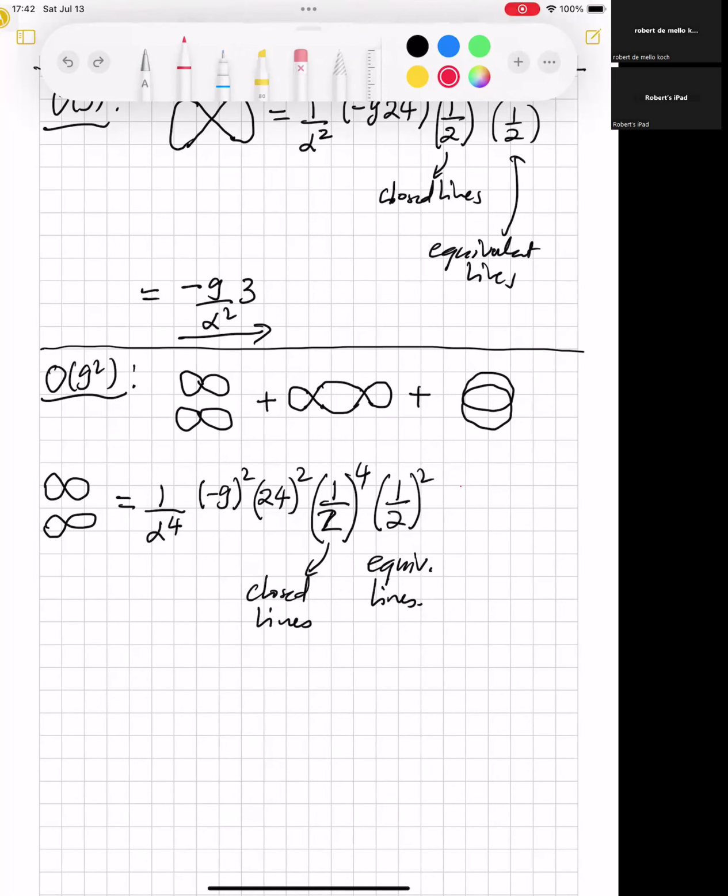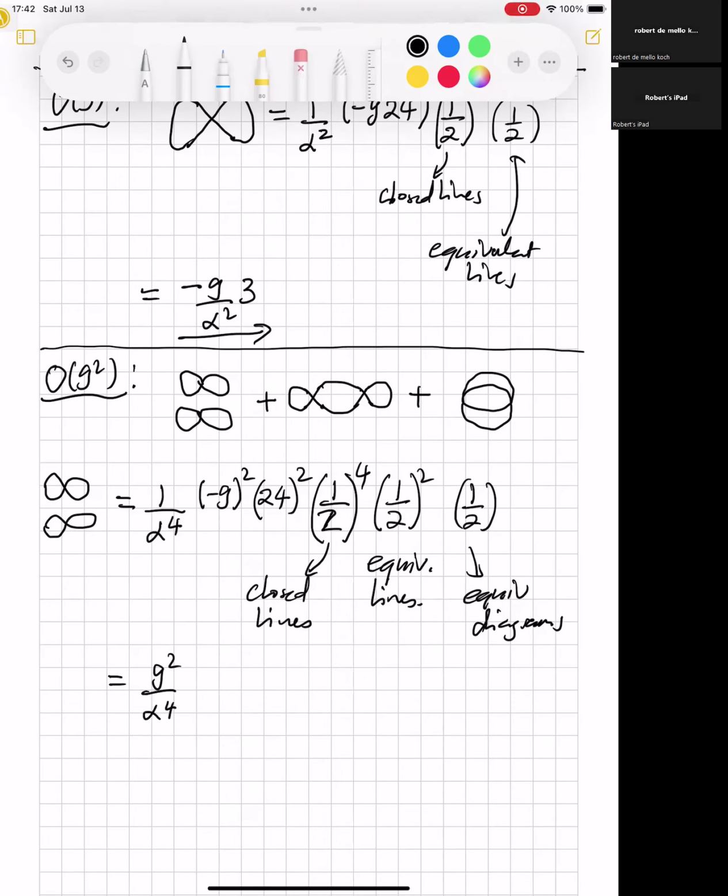Yes, there's 2 equivalent diagrams, so we need a 1/2, and that 1/2 is for equivalent diagrams. And are they equivalent vertices? Well, each diagram only has a single vertex, and if 2 vertices are equivalent, they must sit in the same diagram. So let's work out what this gives us. So we'll get a g squared over alpha to the 4.